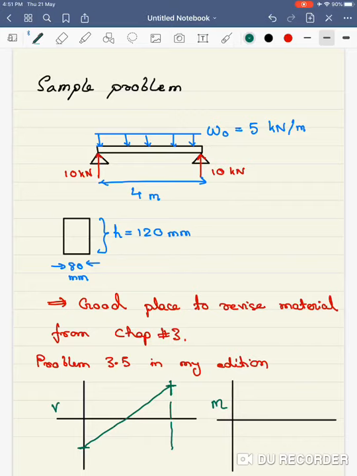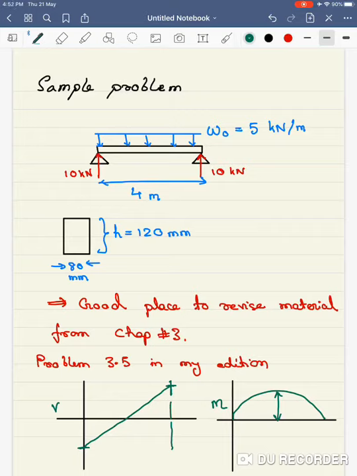The bending moment diagram looks something like this, and this high point here is of course parabolic in nature.